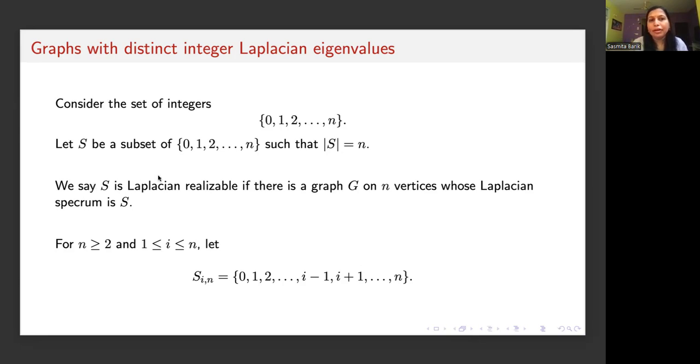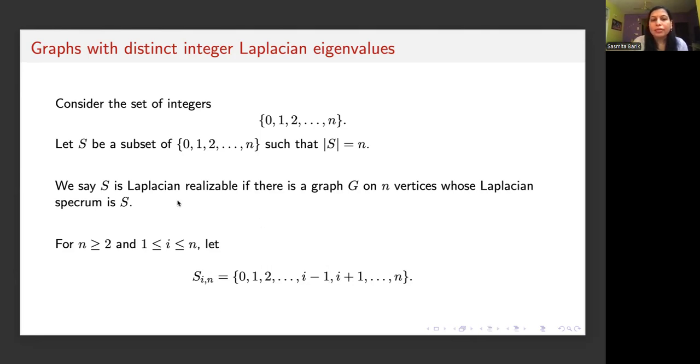So the graphs which have an integer spectrum, also a distinct integer spectrum, will take all the numbers between 0 and n, leaving one number.